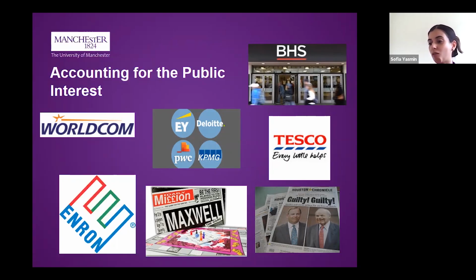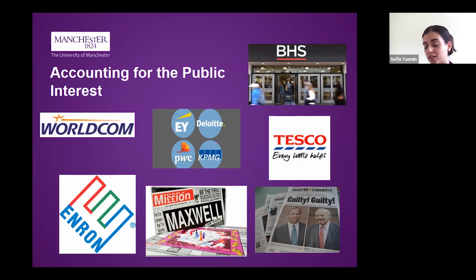And there's something that all of these companies have in common. Ignoring obviously the middle picture, but all of those, BHS, Tesco, Maxwell, Enron, WorldCom, have all been caught up in some sort of corporate collapse or accounting scandal in the past couple of decades.